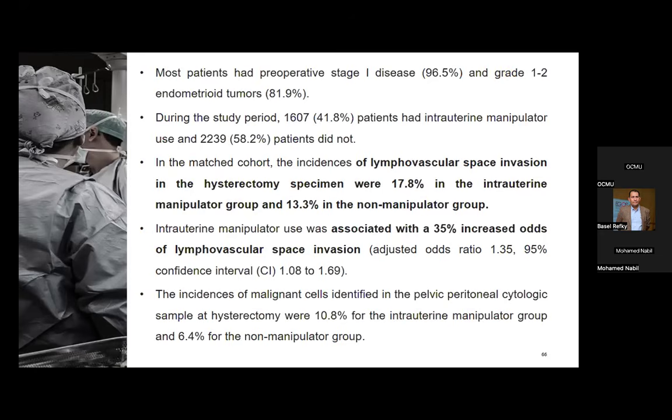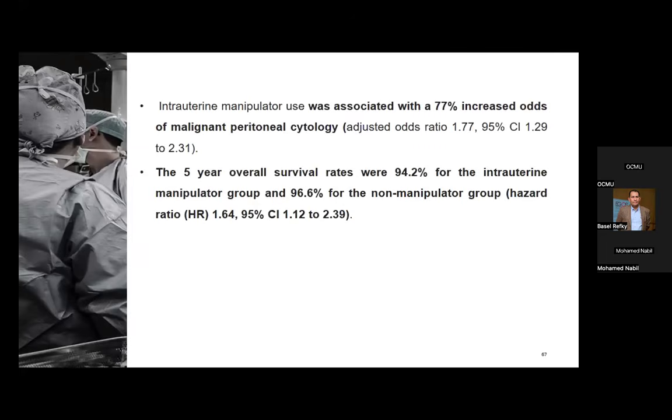The incidence of malignant cytology identified in the pelvic peritoneal cytologic sample at hysterectomy was 10.8% for the manipulator and 6.4% for the non-manipulator group. The manipulator use was associated with 77% increased odds of malignant peritoneal cytology. But to my surprise, the 5-year overall survival rates were nearly the same between both groups.